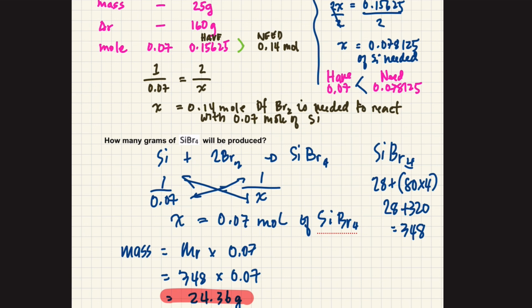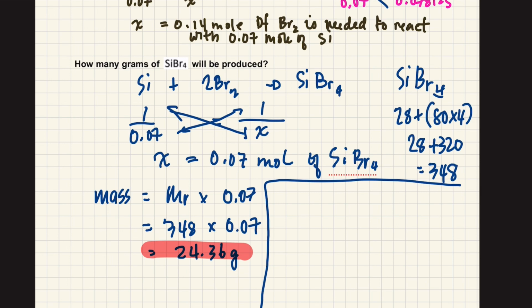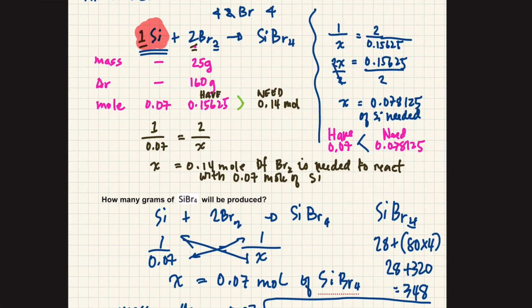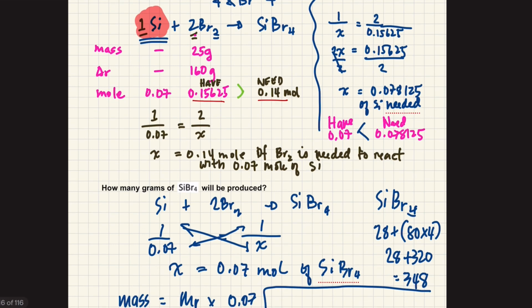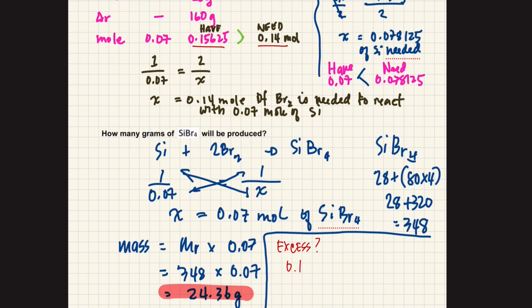Okay, we're almost done. I am just going to add one more question here. So let's calculate the excess. We know over here that we have this much bromine, but we only need this much. So we're looking at how much excess. So how much do we have? 0.15625.